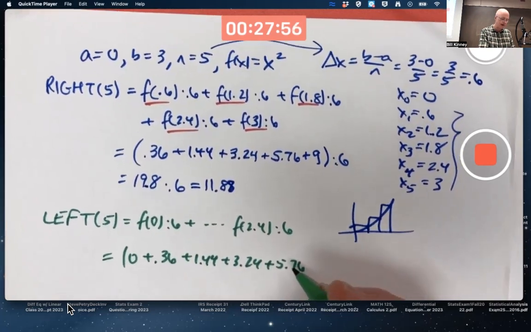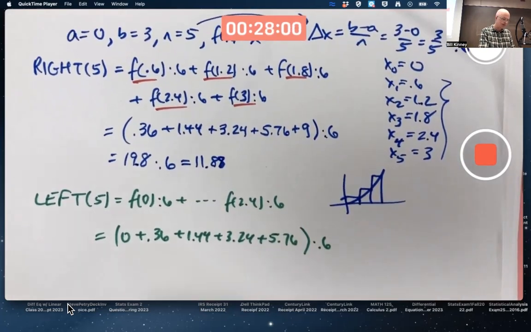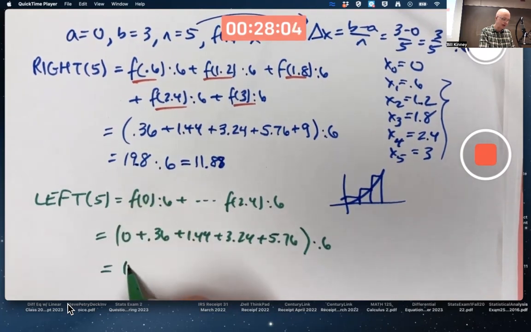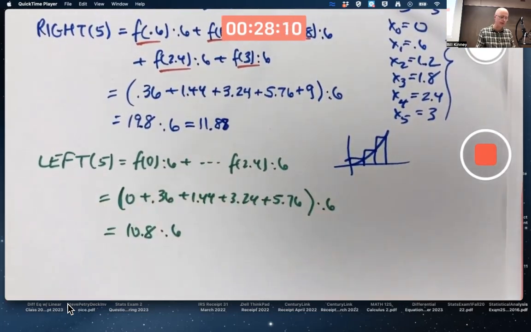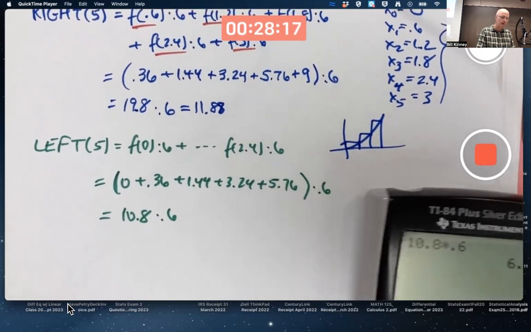The 9 would not be there. In fact, the 19.8 would then go down by 9 to 10.8 because of the 0 here and the 9 not being there anymore. 10.8 times 0.6, 6.48.